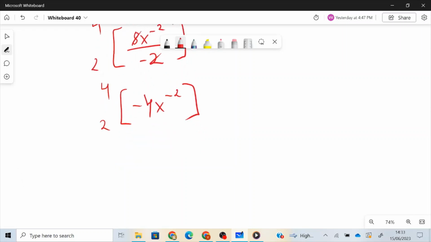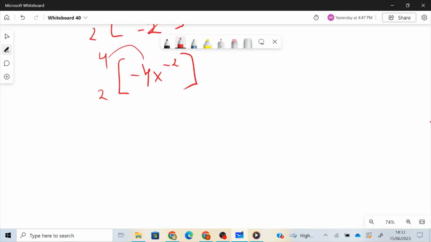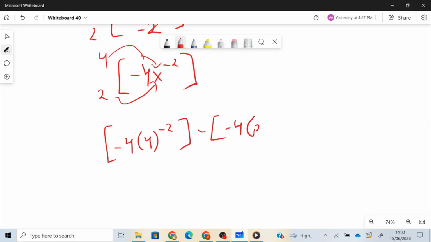Now again we do the same that we've been doing. I'll plug in 4 over here and then plug in 2 over here and then subtract them. So minus 4 into 4 to the power minus 2, bracket, minus open bracket again minus 4 into 2 to the power minus 2, close bracket again.